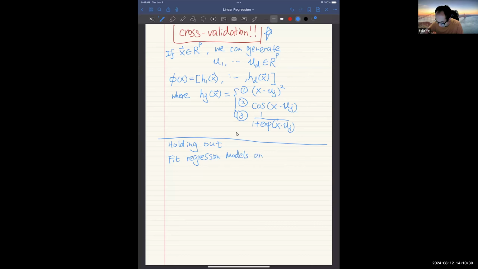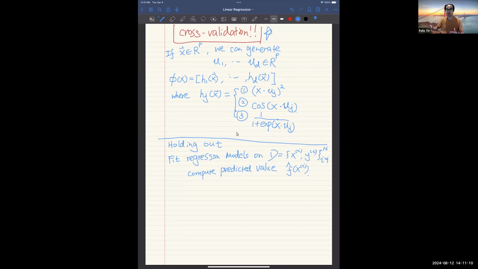On this training data set. So we have a training data set like this, and we find the best models under some situations. So we computed these predicted values, which will be f hat of x of y.